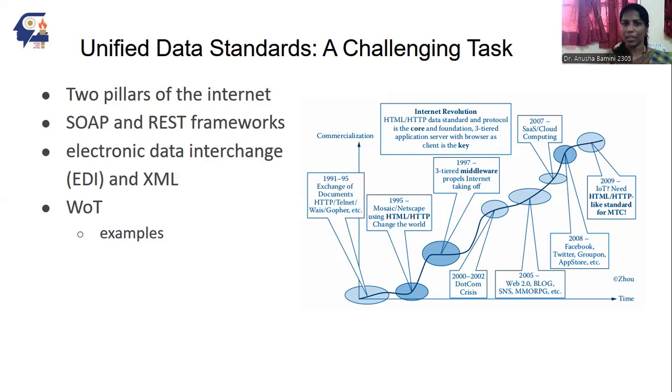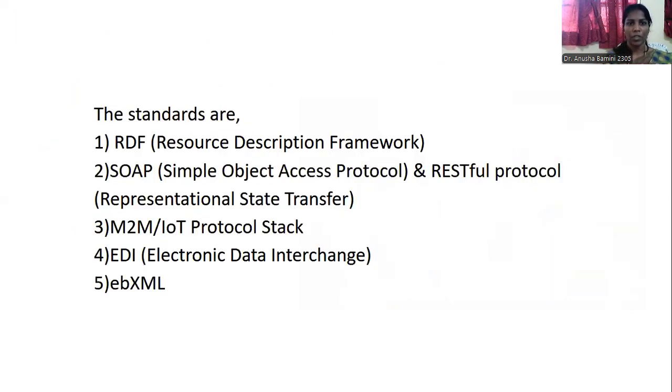Basically, these things are applied there. Same thing, to connect a small object to the internet, we need a standard, that is a unified data standard. Here it is represented as five common unified data standards.